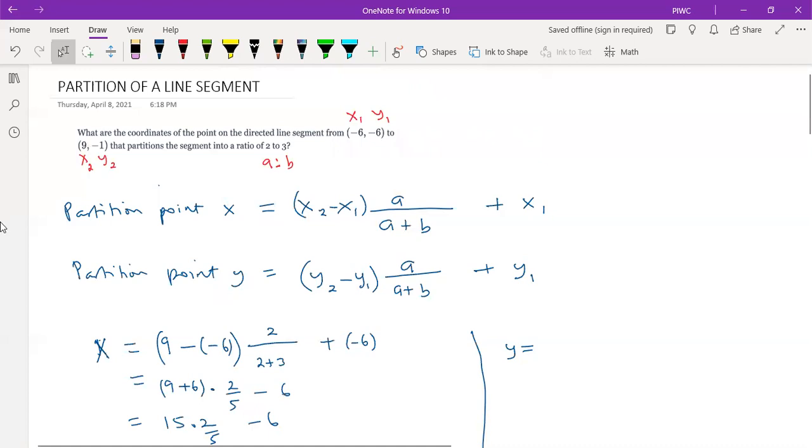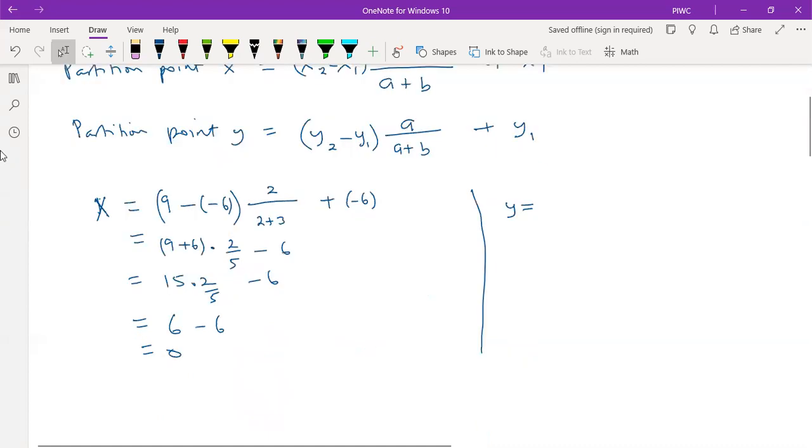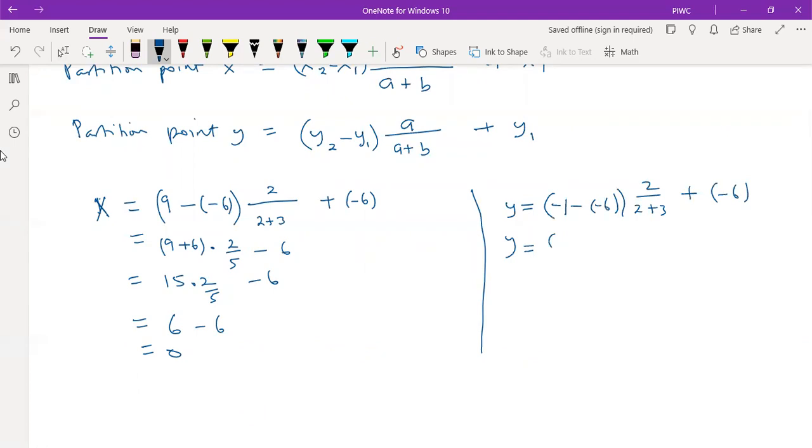So -1 minus -6 times 2 over 2 plus 3, and then plus y1, which is -6. So you have y is equal to -1 plus 6 times 2 over 5 minus 6.